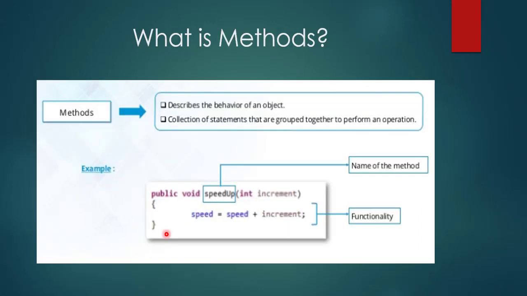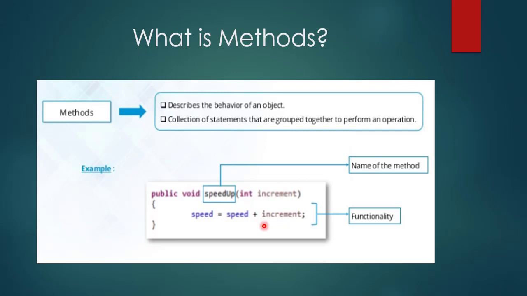What are methods? Methods describe the behavior of an object. In this example, we create a speedUp method. Here we have public void. Public means you can access it from everywhere. Void means there is no return type. speedUp is the name of the method, and increment is a parameter. int is the data type, increment is the parameter, and we are incrementing the speed.